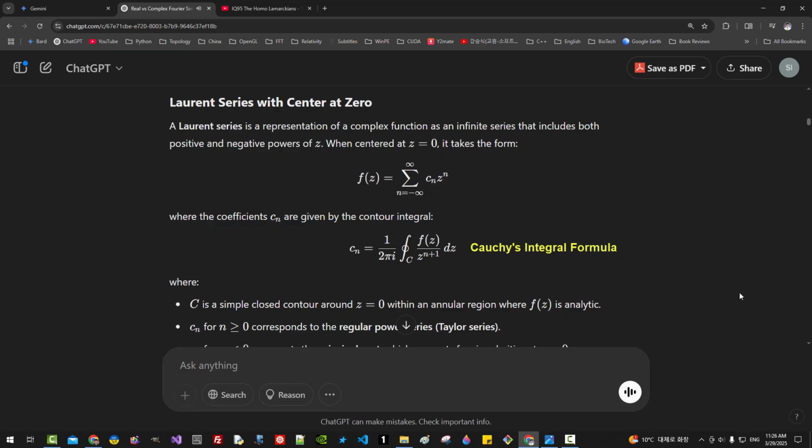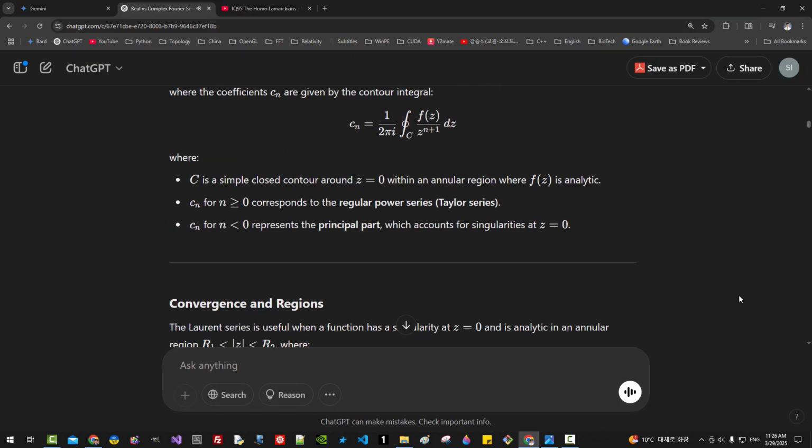When centered at z = 0, it takes the form f(z) = sum over n from -∞ to ∞ of c_n z^n, where the coefficients c_n are given by the contour integral c_n = (1/2πi) ∮_C f(z)/z^{n+1} dz, where C is a simple closed contour around z = 0 within an annular region where f(z) is analytic. c_n for n ≥ 0 corresponds to the regular power series, Taylor series. c_n for n < 0 represents the principal part, which accounts for singularities at z = 0.